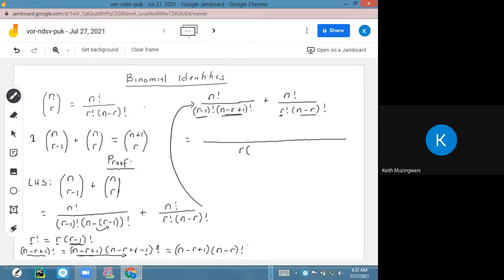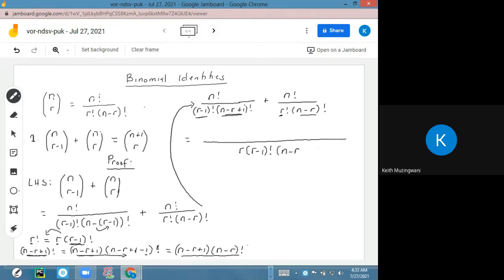We can write r factorial as r times r minus 1 factorial. Since they are the same here, we can do the same to n minus r plus 1 factorial. You can write it in this form.